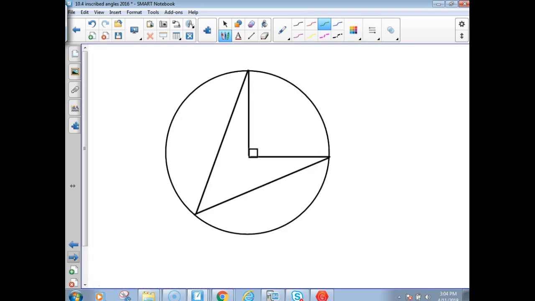Not on your packet, this picture, but I want to, again, reiterate. That's the center of the circle, and this box is a right angle, which would mean it's 90 degrees. The arc would be 90 degrees. What would this inscribed angle be?